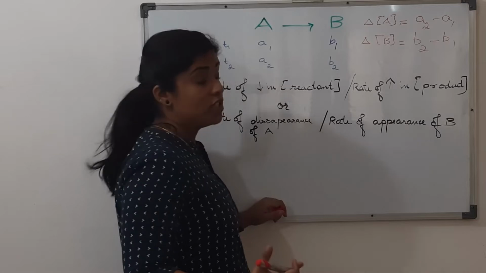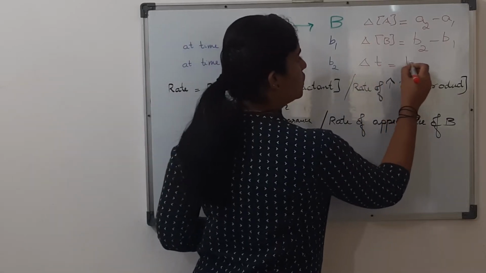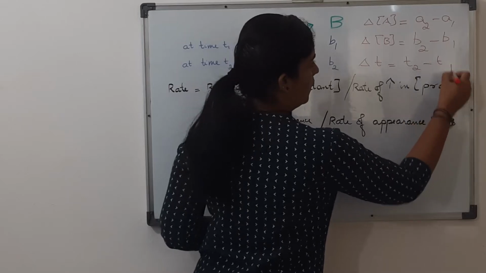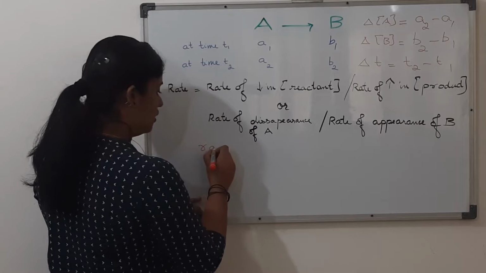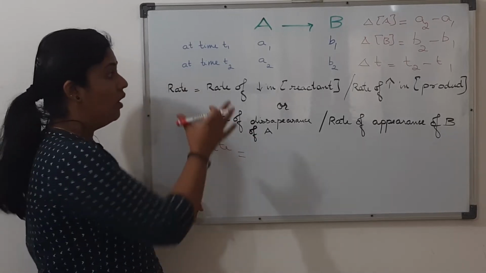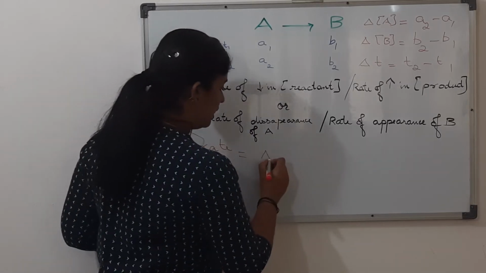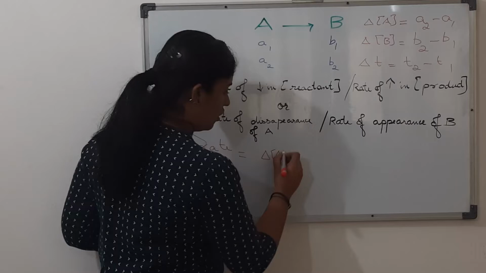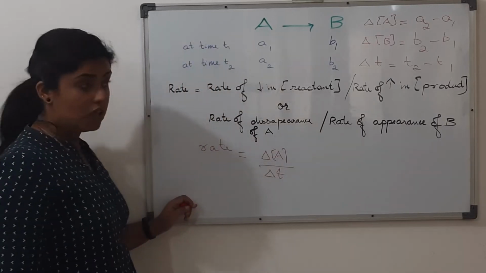And next we need to know the change in time. So delta T equals T2 minus T1, right? Now, how do I write the rate of the reaction? It is the rate of disappearance of A or rate of decrease in concentration of A. So it can be delta concentration of A by delta T, right?